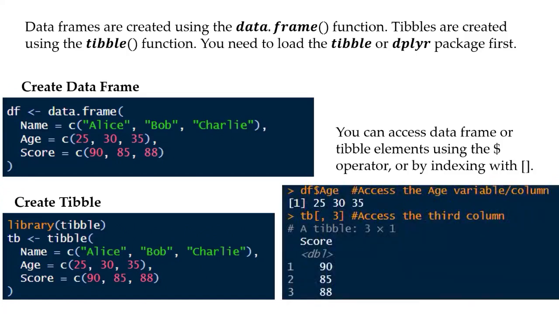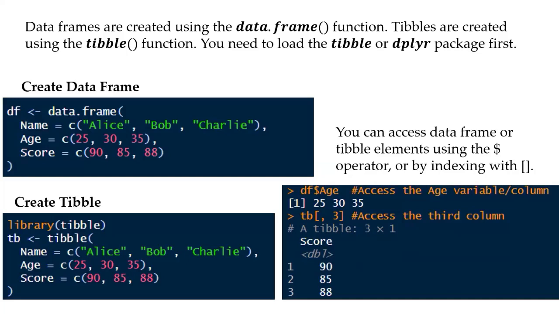Assign the data frame to a variable called df. If I call df and I use the $ sign, you see that it will list all the column names for me when you are using RStudio. So I can pick whichever column name I want, either the name, the age, or score. So I want to access the age column or the age variable. I do df$age, and then it prints the values under age for me.